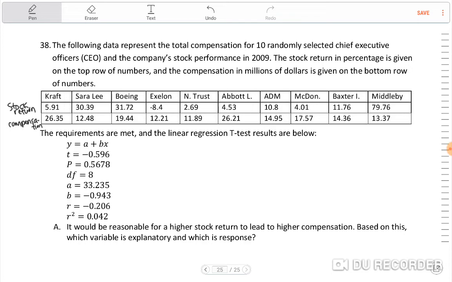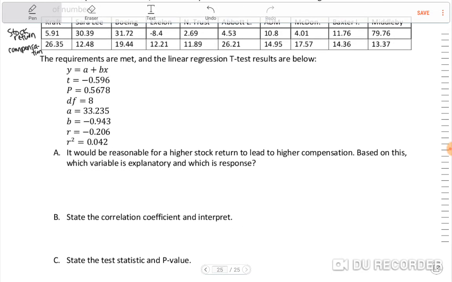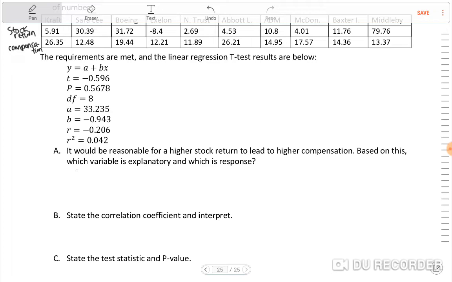Based on this, which variable is explanatory and which is response? So stock return, well, sorry, this would be the explanatory. Explanatory would be your stock return. And the response would be the compensation.